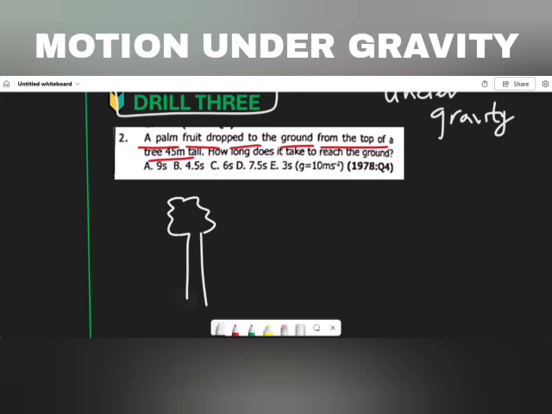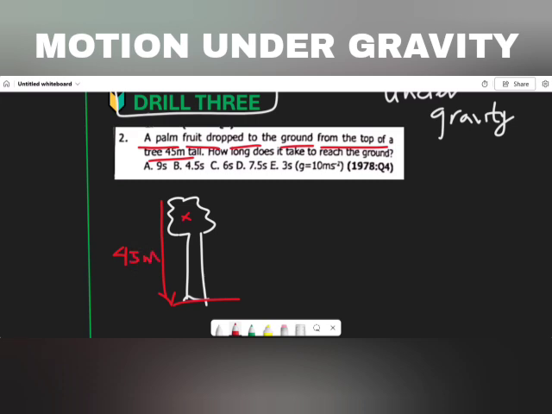This is a palm tree, and on the palm tree we have a palm fruit. This is the ground level of the palm tree. It dropped to the ground. That means the palm fruit, which is on the palm tree, dropped to the ground, and the height at which it dropped is the height of the palm tree, and that is 45 meters.